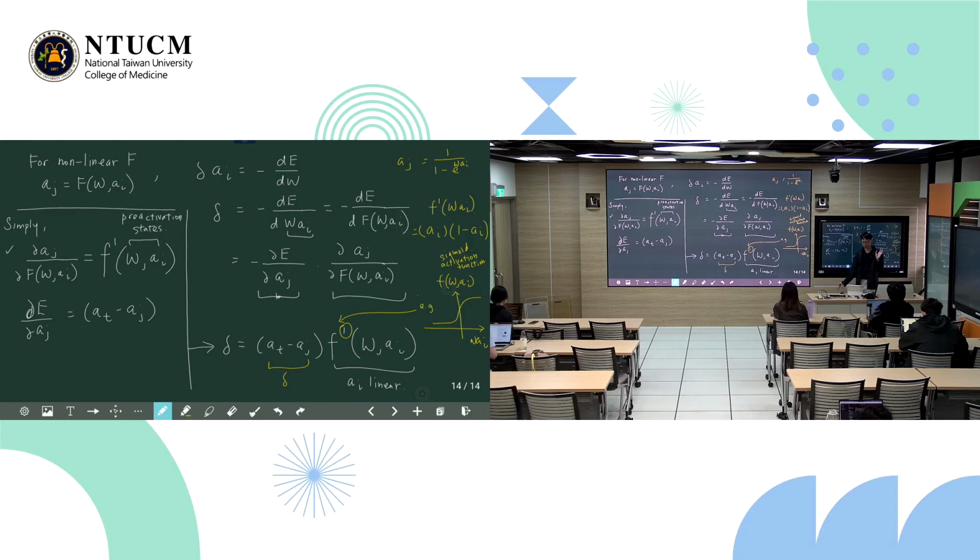That's all. The linear case is already done. The nonlinear case is going to have the same thing, except that the delta is just modulated by the derivative of the activation function.